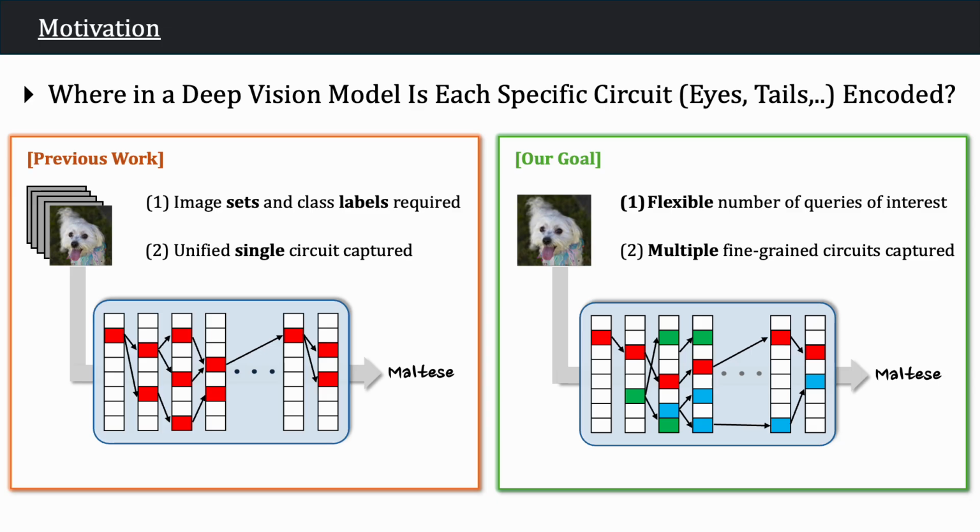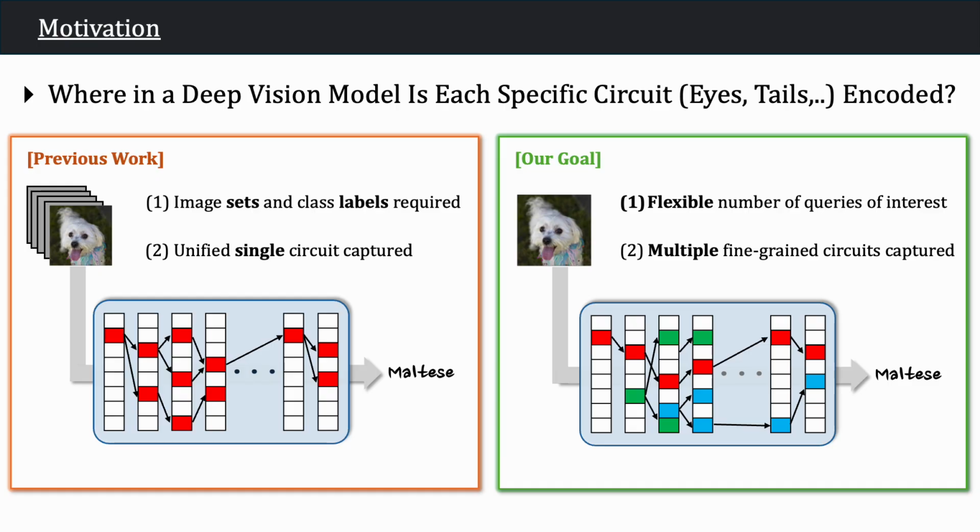Let me start with a simple example to introduce the motivation behind our work. Recently, many researchers in the interpretability communities have focused on explaining the circuits that drive specific decisions in large AI models. In the language domain, for instance, circuit analysis often extracts subgraphs that are responsible for each individual token.